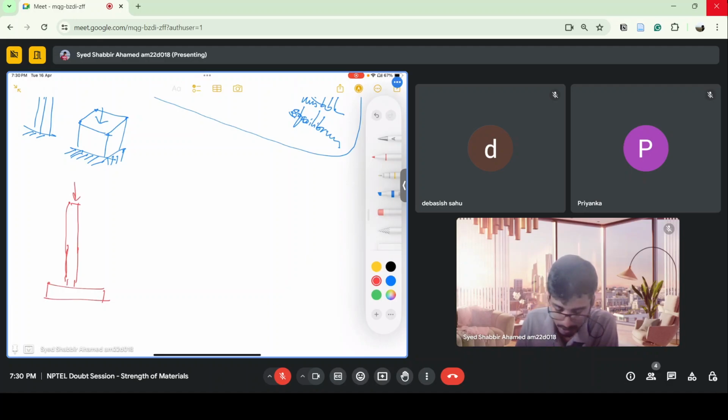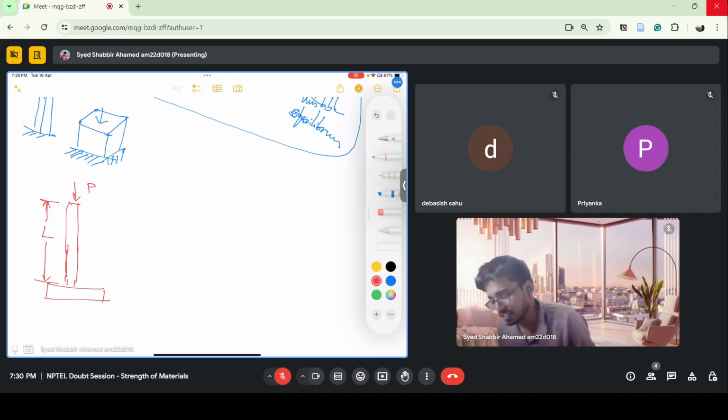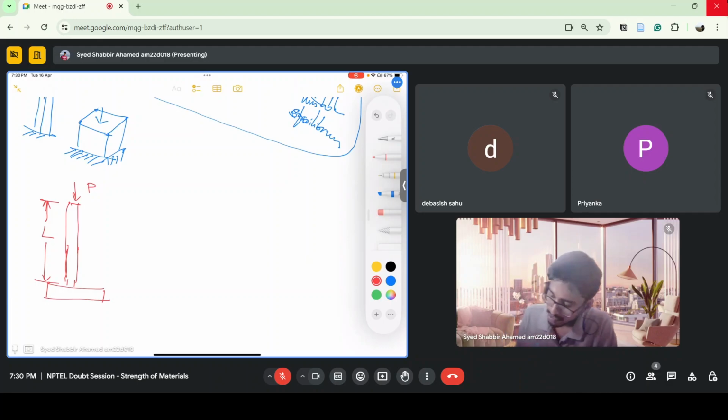The only difference between a column and a strut is that struts can be in various different directions, but a column is considered to be in the vertical direction. But columns and struts are basically the members which take compressive loads, or which experience compressive stresses. And this is L and this is D, and I have this column or strut with a circular cross section.